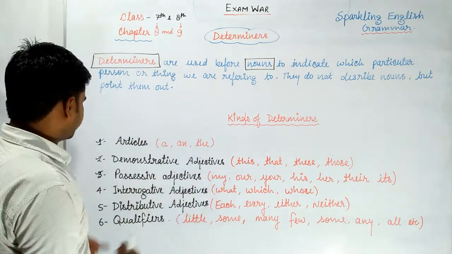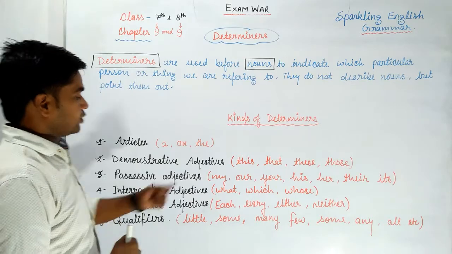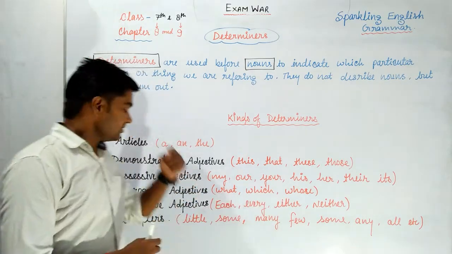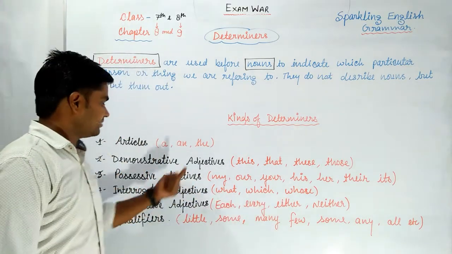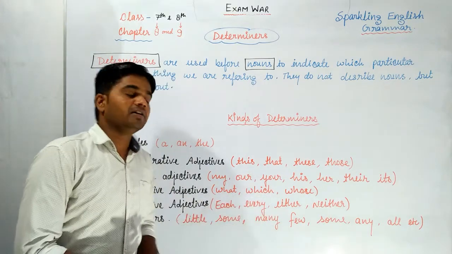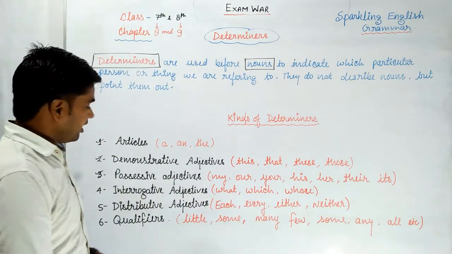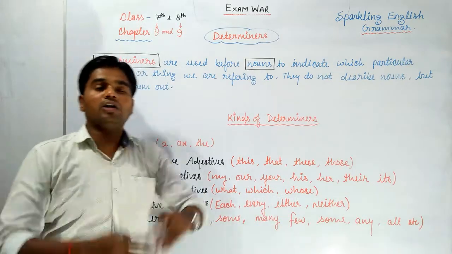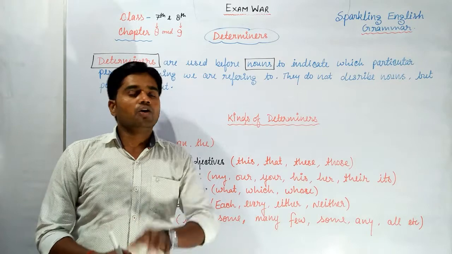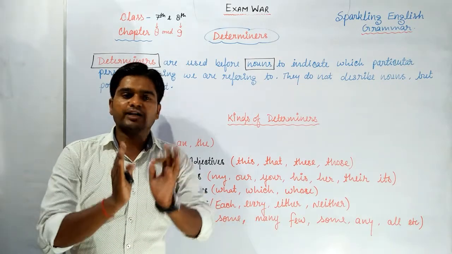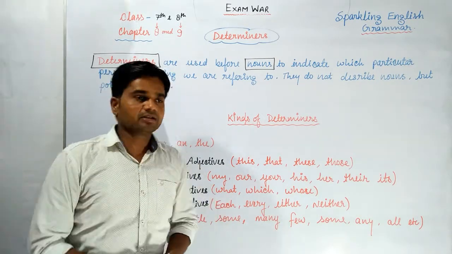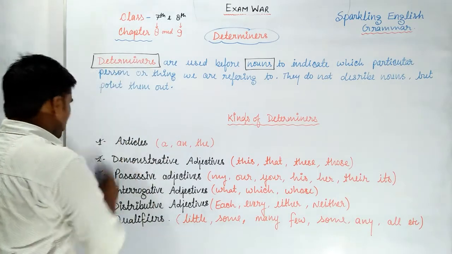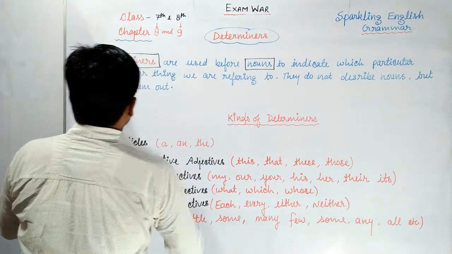Interrogative adjectives: what, which, whose. Next, distributive adjectives: each, every, either, neither. And next, qualifiers: little, some, many, few, any, all, no, none. All these are qualifiers. So let's discuss all these points one by one with some examples.